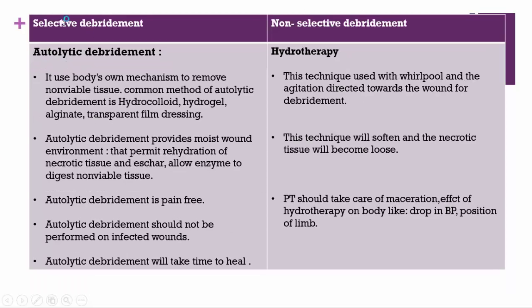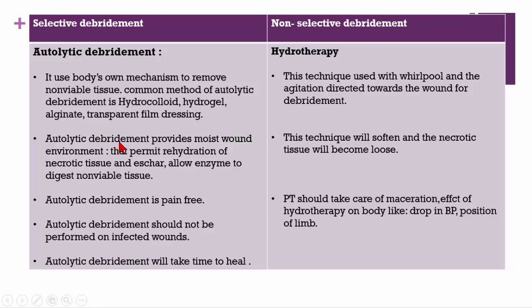For selective debridement, another method is autolytic debridement. In this, the body uses its own mechanism to remove the non-viable tissue. Common methods of autolytic debridement are hydrocolloid, hydrogel, alginate and transparent film dressing.